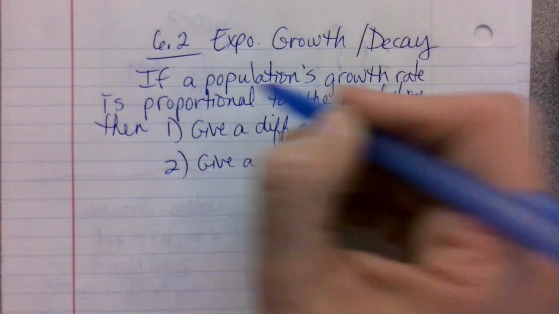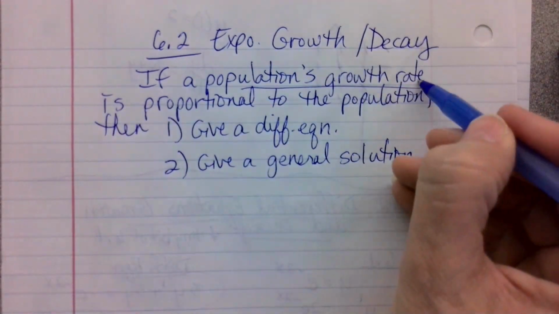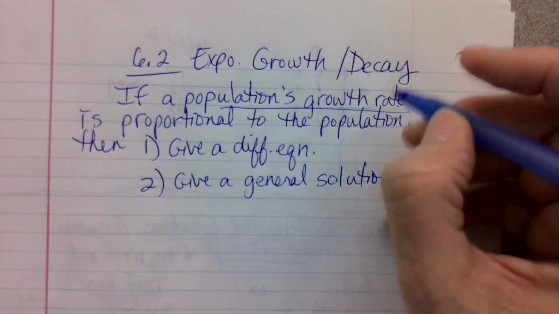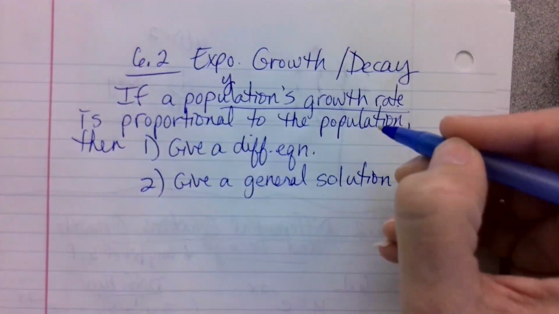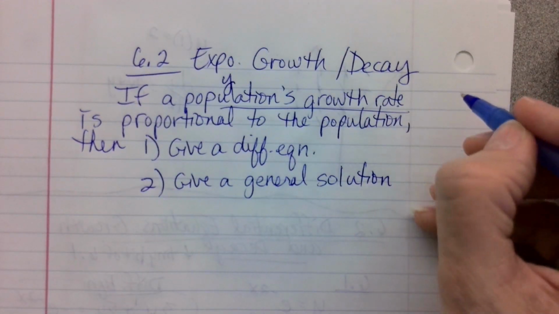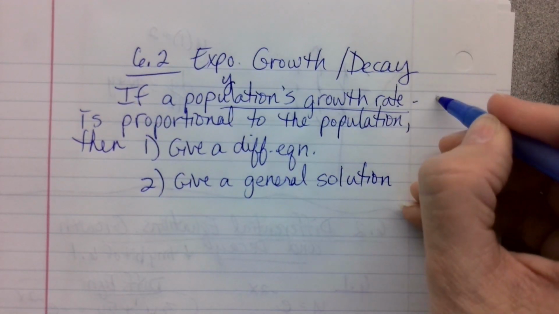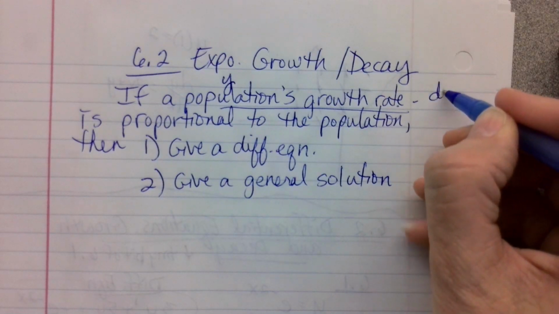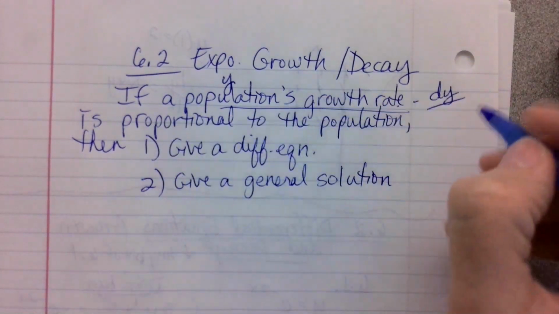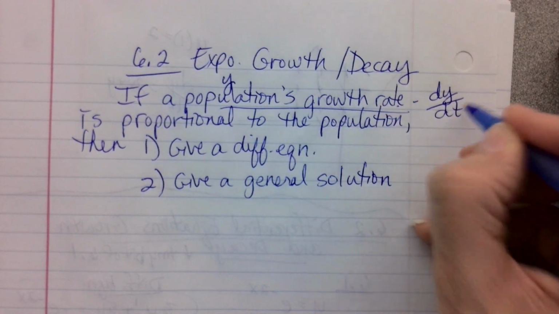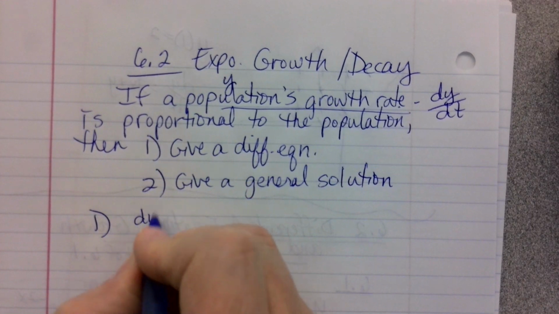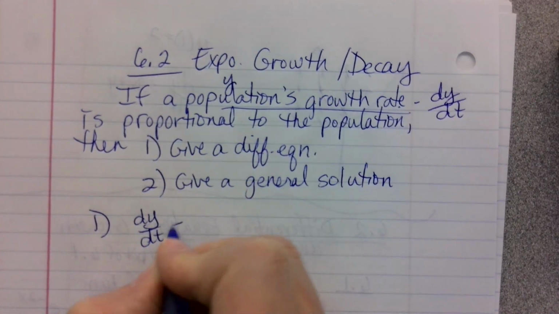So, the population's rate of growth, if we're going to call the population y, what is the rate of growth of y with respect to time? With respect to time, it would be dy dt, right? The rate of growth, dy dt, is proportional.